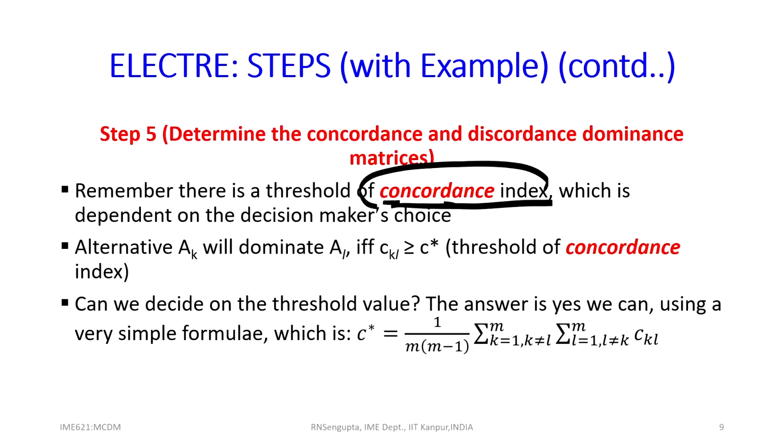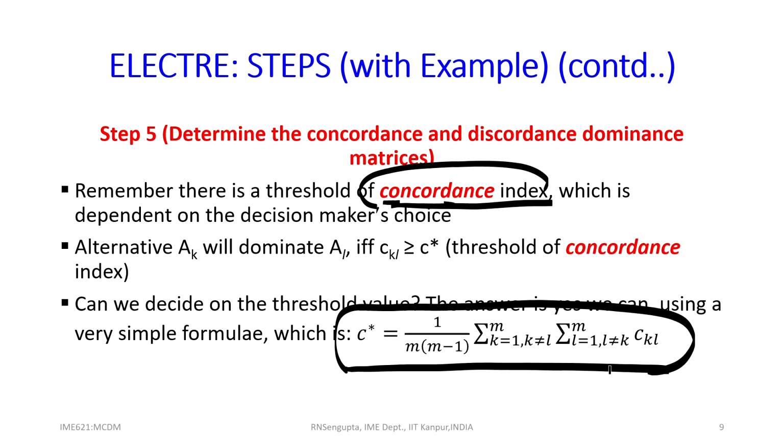So, can we decide the threshold value? The answer is yes. The formula is given of C star like this, which is 1 by m into m minus 1, and you remember m and n are the corresponding numbers of alternatives and criteria. So, when you are comparing the alternatives, it is based on the criteria's comparison.